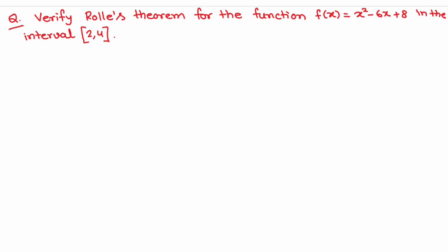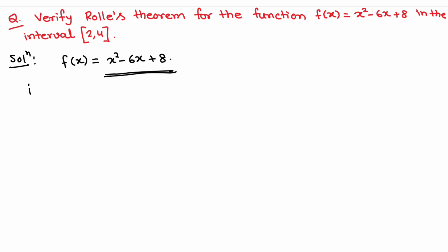So let's solve. Solution. Here given f of x equals x square minus 6x plus 8. This is a polynomial, and I have already told you that a polynomial is everywhere continuous and everywhere differentiable.